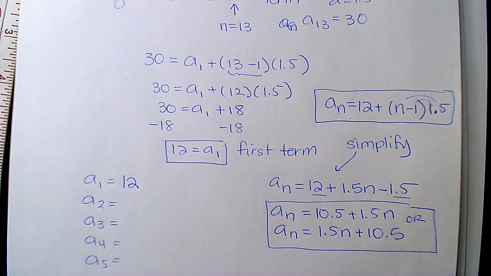You can go ahead and substitute, but if your common difference is positive 1.5, what would the second term be? If you're not going to do it, I'm not going to do it. So then substitute into the explicit formula. What's the second term?